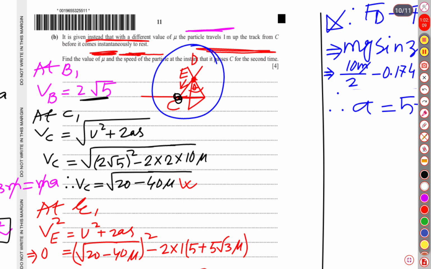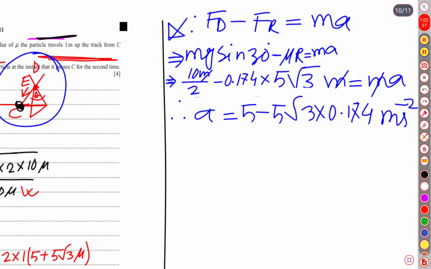At this point we will find the velocity. And remember, when it reached 1 meter up, it came to instantaneous rest. So the initial velocity is 0 while it is coming backward.